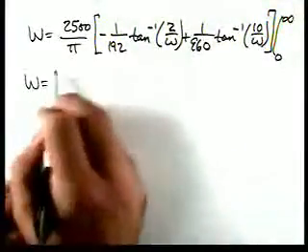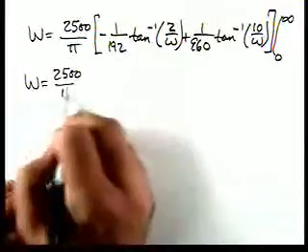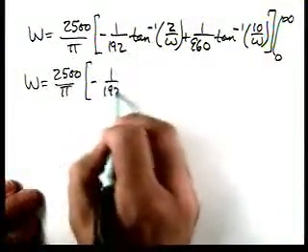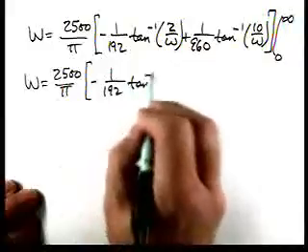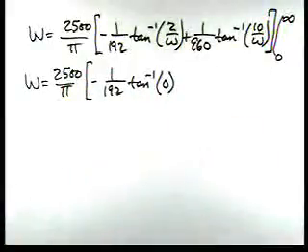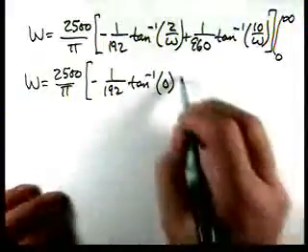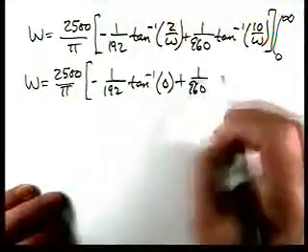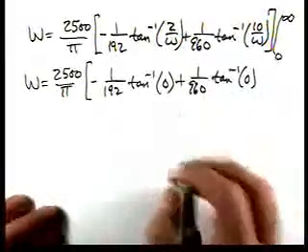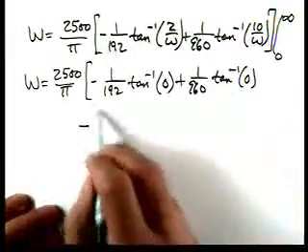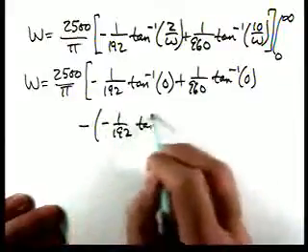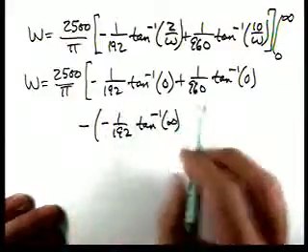So we have 2500 over pi times minus 1 over 192, inverse tangent of 0, when we plug in omega equal infinity. That's going to be 0. We have 1 over 960, inverse tangent again of 0. Now we have minus 1 over 192, inverse tangent of infinity, when we plug in 0.